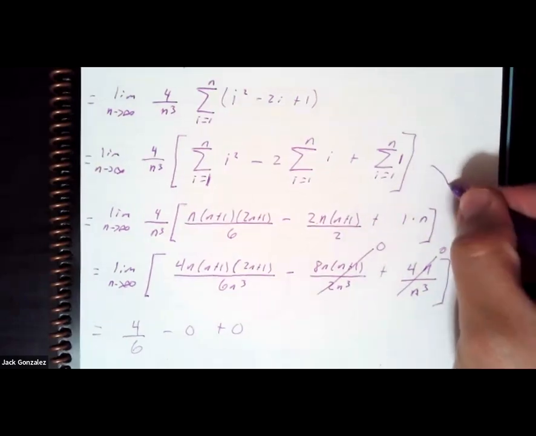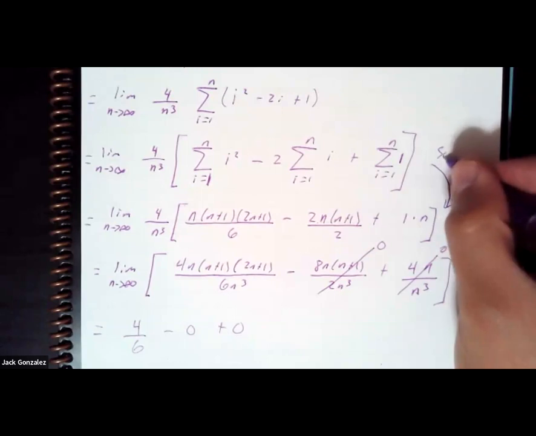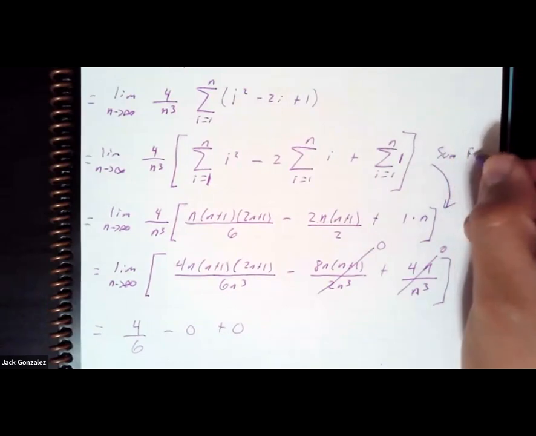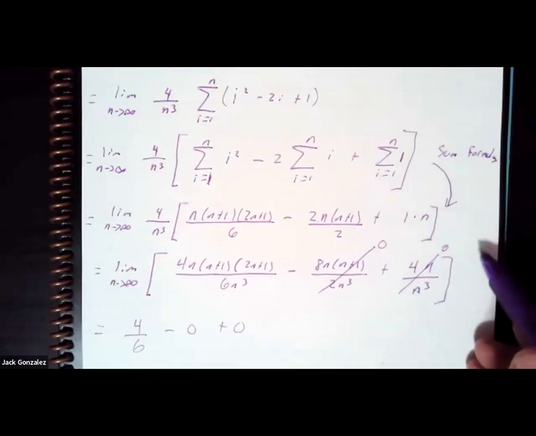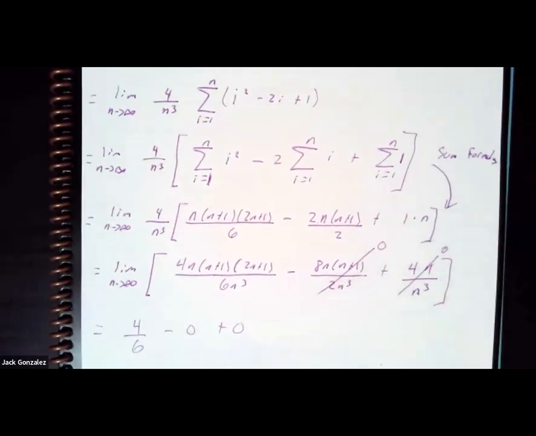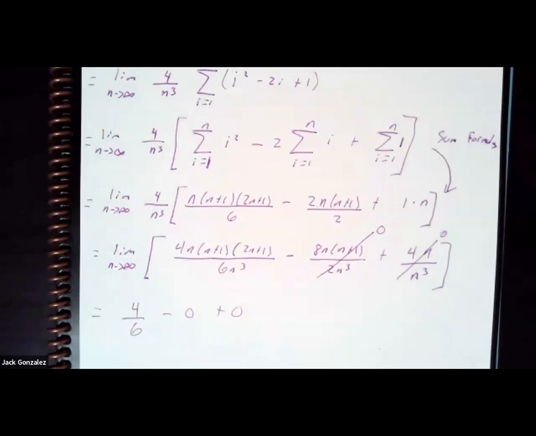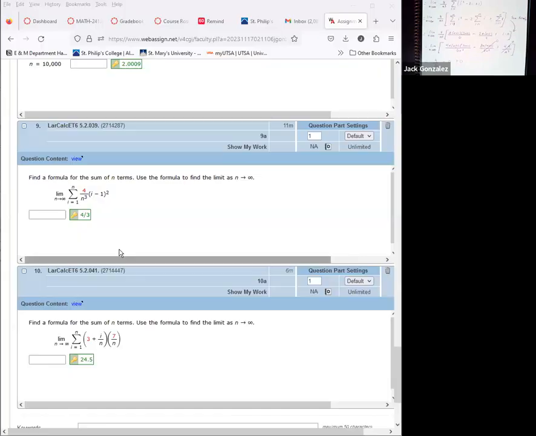So from here to here, summation formulas. Here we took the limit. That's how they get the 4/3. Oh, wait a second. I got a 6.